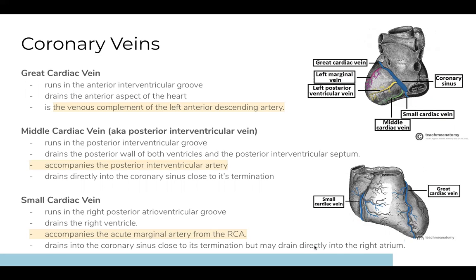Yes, sometimes it can drain directly into the right atrium, but most of the time it'll drain into the coronary sinus. Just anatomical variation. I love it. And then this here is your coronary sinus. Technically speaking, the hole into the atrium is called the coronary sinus orifice, because that's the hole.